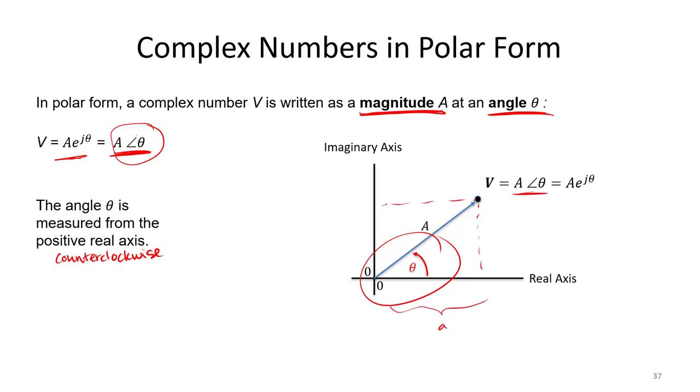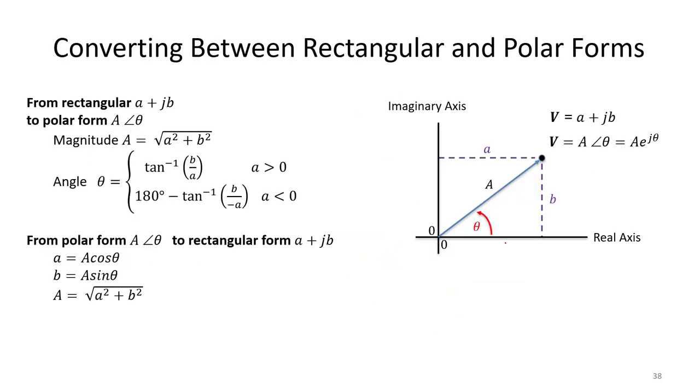And we know by trigonometry, we can still relate that back to rectangular form. So for this class, it's very important that you know how to convert between rectangular and polar complex numbers. And thankfully, it's very easy to do so using trigonometry.